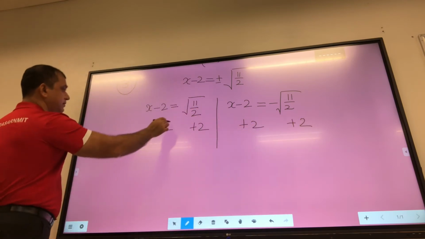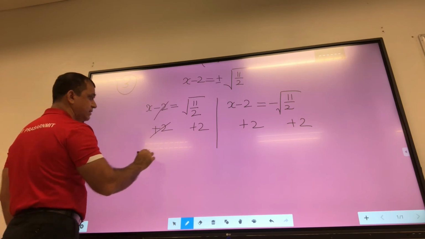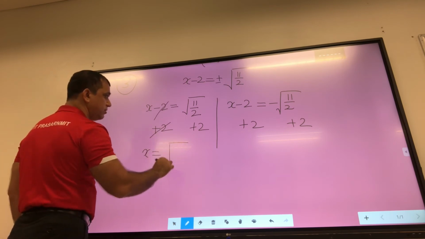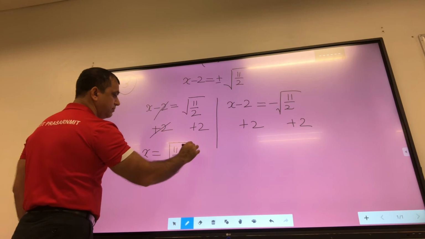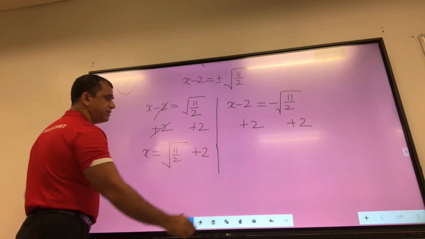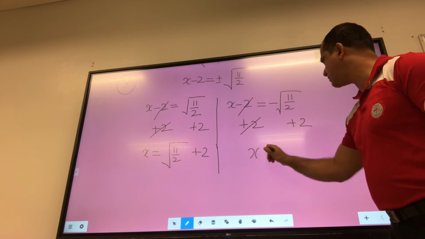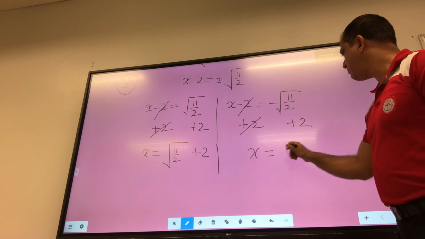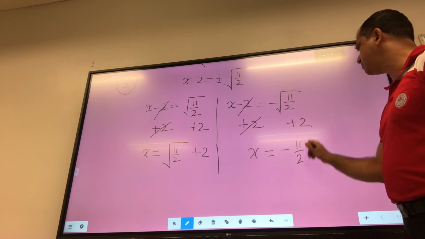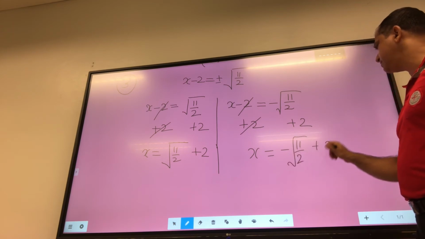Minus 2 plus 2 cancel, you get x equal to square root of 11 by 2 plus 2. On this side, again minus 2 plus 2 cancel, you get x equal to minus square root of 11 by 2 plus 2.